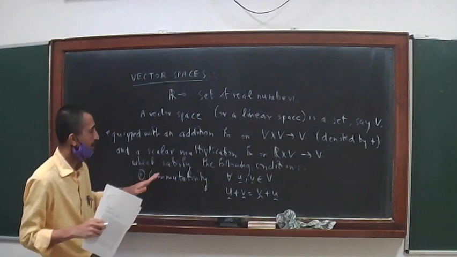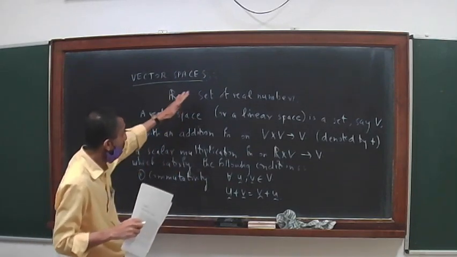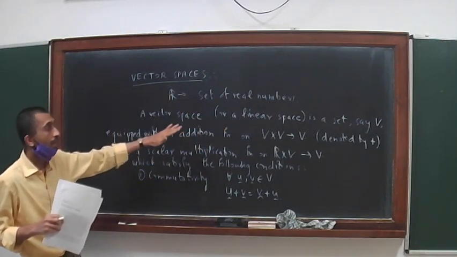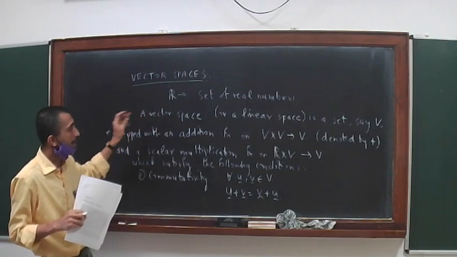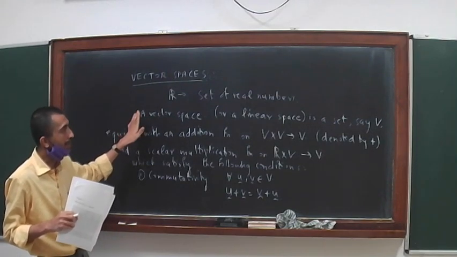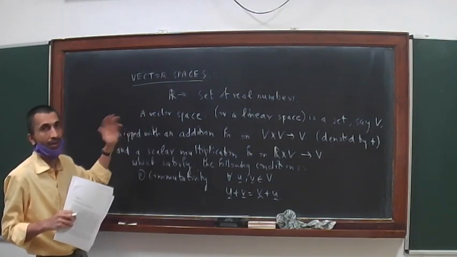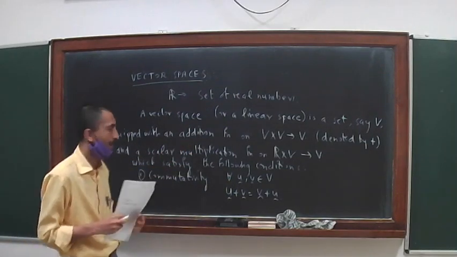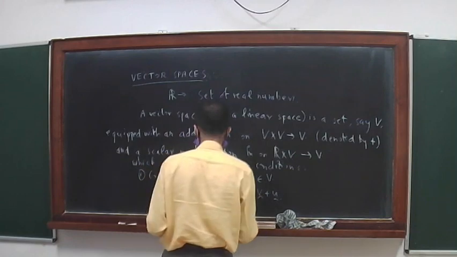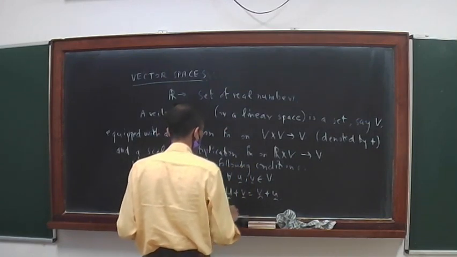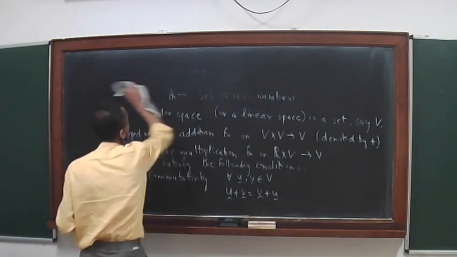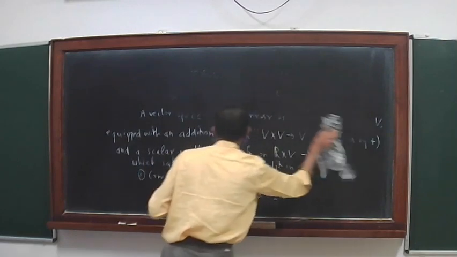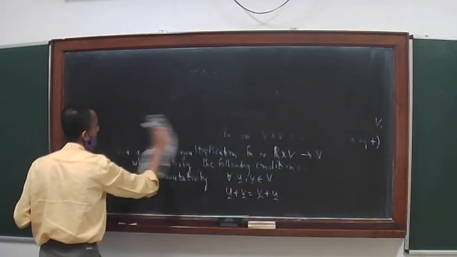But as I said, this is a very abstract concept. The set of real numbers is an example of a vector space, but a vector space is much more general than that. So this is the first axiom that it has to satisfy. Then let us now talk about the other axioms.